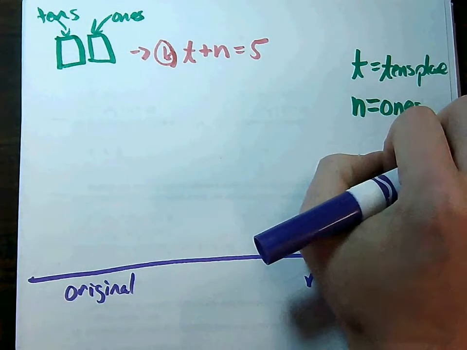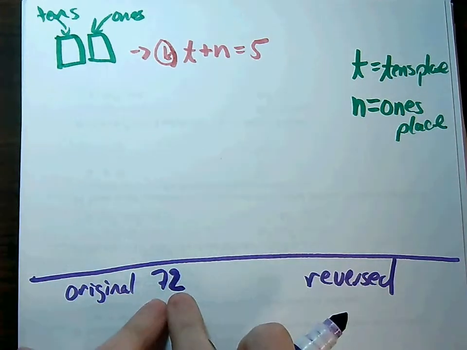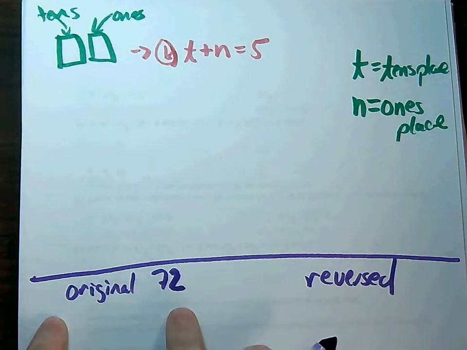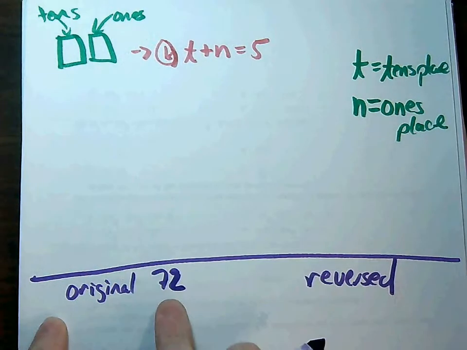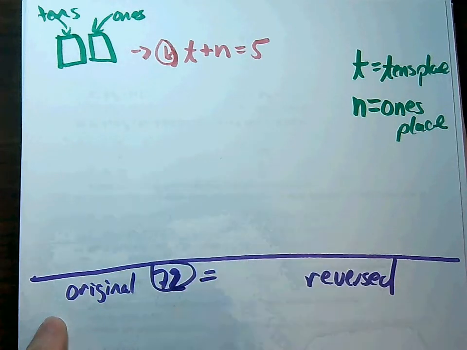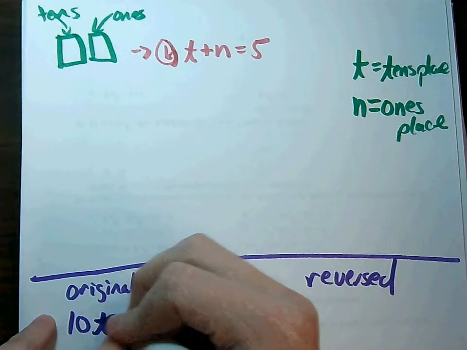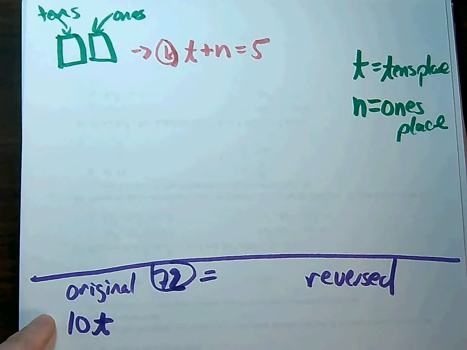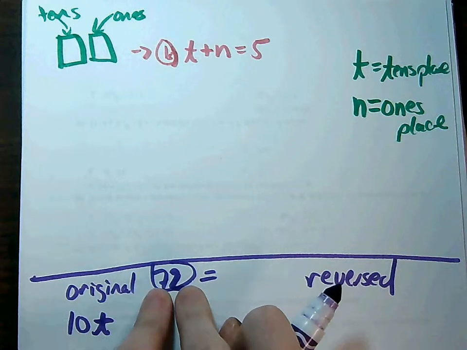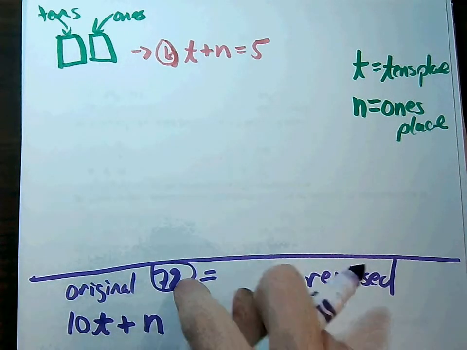If my number was 72 and I wanted to show the value of that number, I can't do t plus n. That's going to give me 9. So that's not going to work. What would equal this number in variables? It would be 10 times whatever my tens place number is, which gives me the value of 70, plus n, or 1 times n, which would give me my ones place.